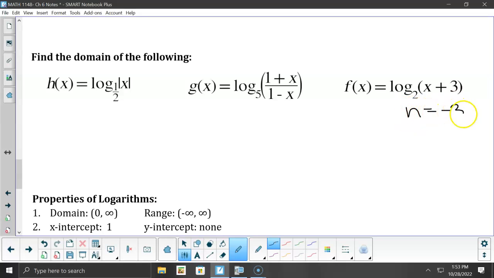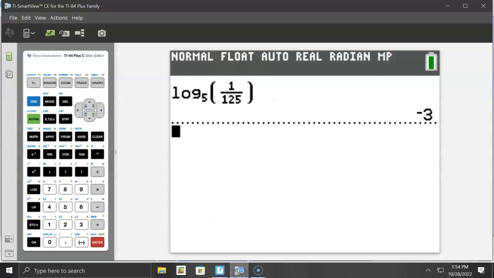What's the easiest one to find the domain of? Last one. I've got an h value, don't I? H equals -3. Guess what my domain is? -3 to infinity. Didn't I just show you where the absolute value is?